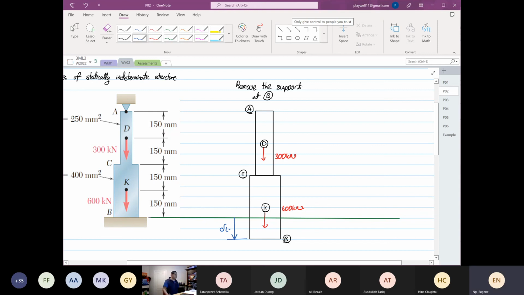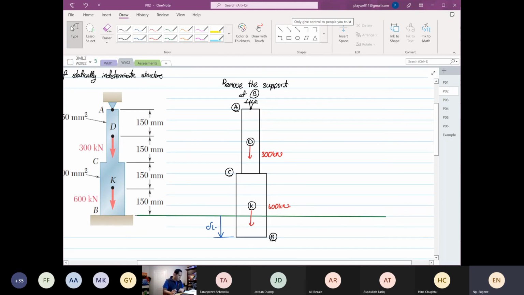So we remove the support and we let the structure extend. I have to draw the support over here. Then the next step, after we have done this, we are going to add. Before I go on, when we remove the support at point B, what we want to determine is delta L, the extension.